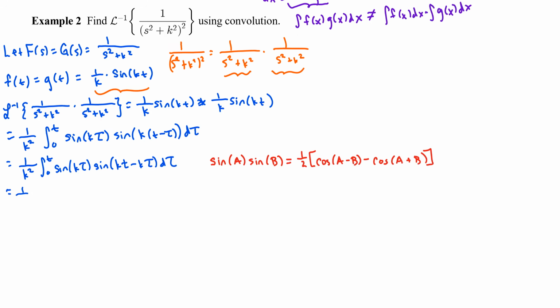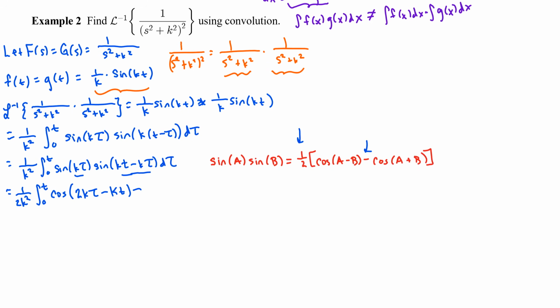Okay, here we go. Let's give it a try. 1 over k squared times the integral from 0 to t. And we're going to multiply by a factor of 1/2. Let's go ahead and sneak that in front of the integral. We'll get the constant out of the way. And we're going to have cosine of the first argument minus the second argument. That's going to give us k tau minus kt plus k tau, so that's 2k tau minus kt.